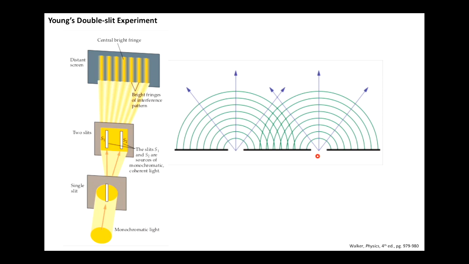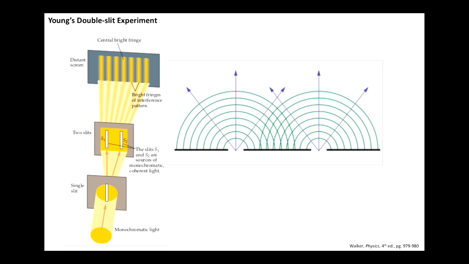From each one of these slits, light travels out in all directions. Essentially, the light emerging from a slit is as if it's a source of light. In fact, the two slits will be sources of monochromatic, coherent light. And then that light is going to travel out in all directions back here, but we're going to put a screen so that the light can hit it.